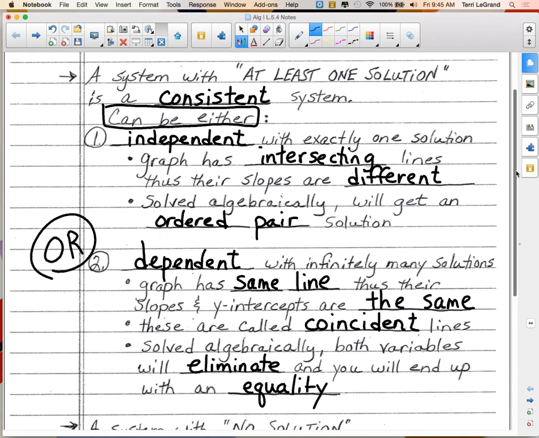Look, it's right here. Consistent, independent, exactly one solution. If it's consistent, dependent, the second type of system, how many solutions does it have? An infinite number of solutions. All the points on that same line, every point, they're lying on top of each other. Those points are intersecting.